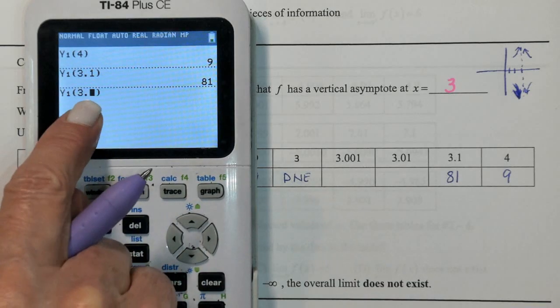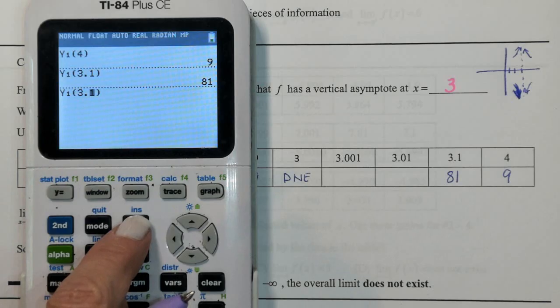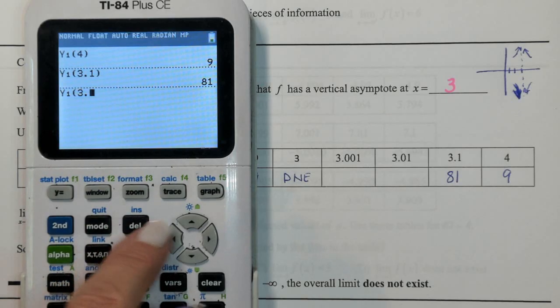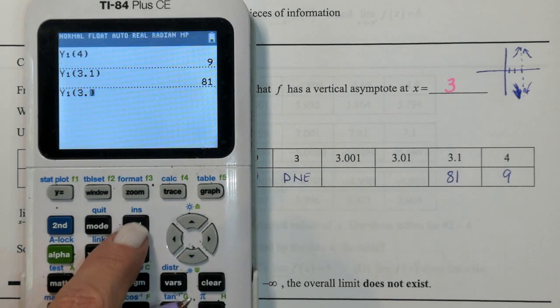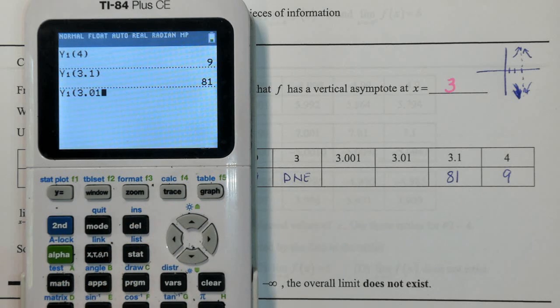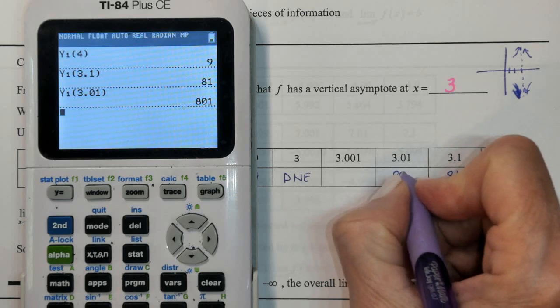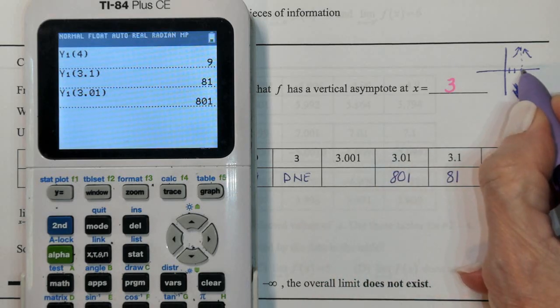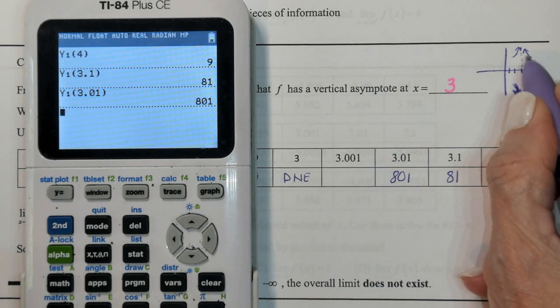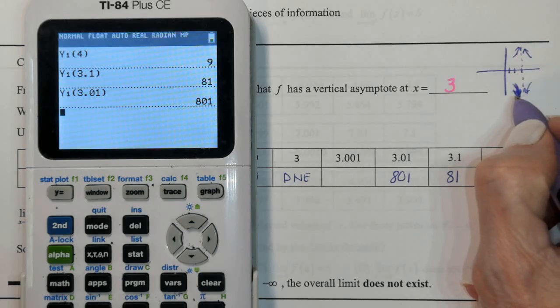If you want to insert a 0, see the little INS button? That's your insert button. Well, I accidentally hit delete, but you can insert a 0 there. 801. So at 3.01, we are at 801, right?